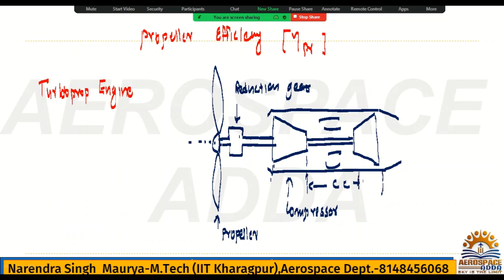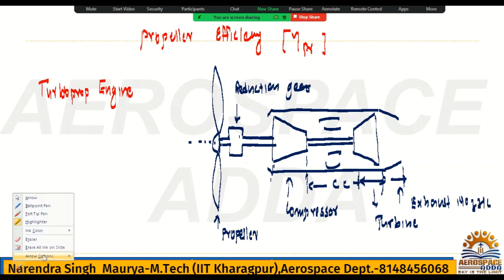And this is the turbine. And the exhaust nozzle.